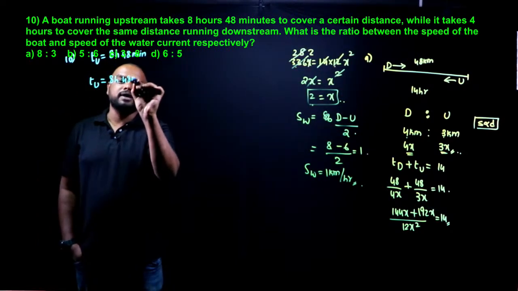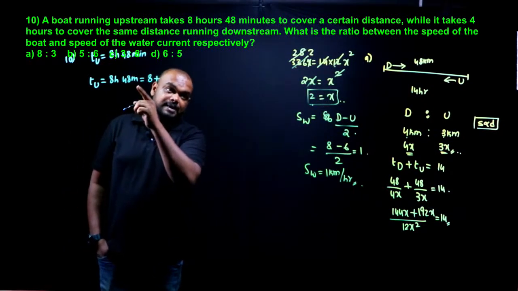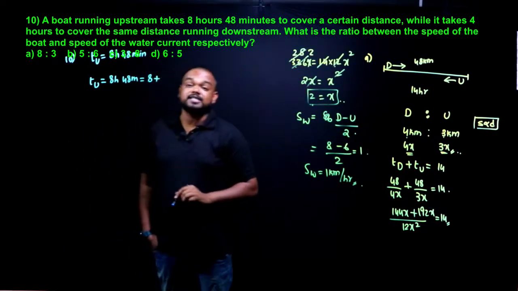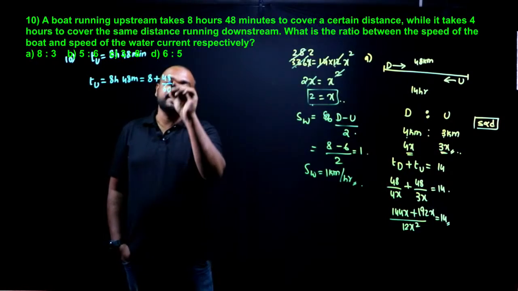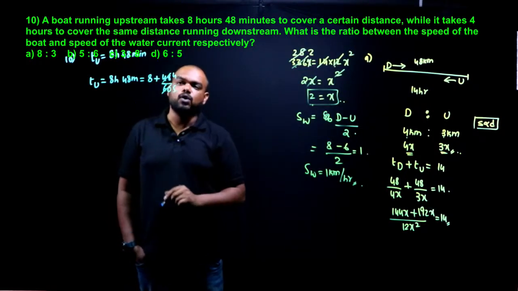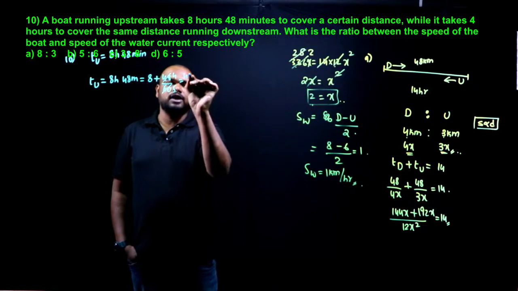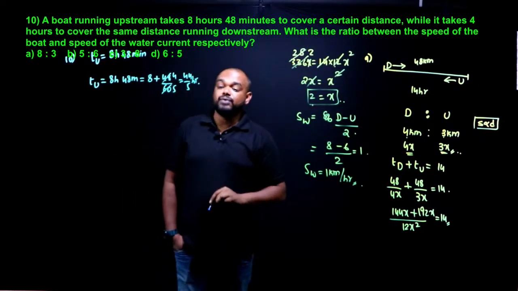You have to convert this. How? 8 hours plus 48 minutes. Convert it into hours: 48 by 60. 12 into 4, 12 into 5. 4 by 5. 8 into 5, 40. 40 plus 4, 44. 44 by 5 hours altogether.